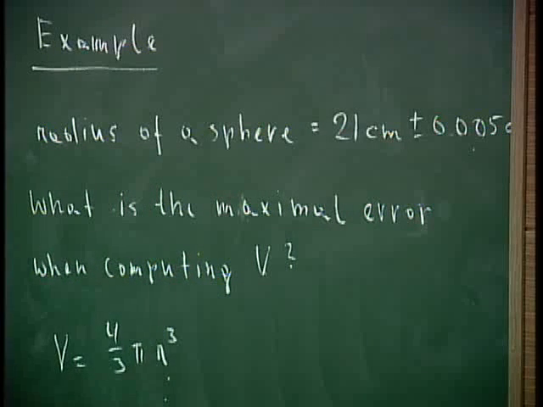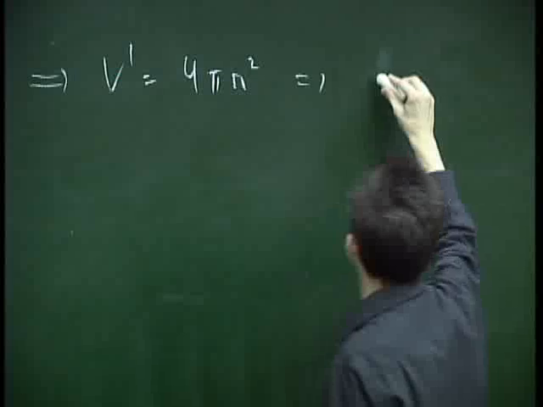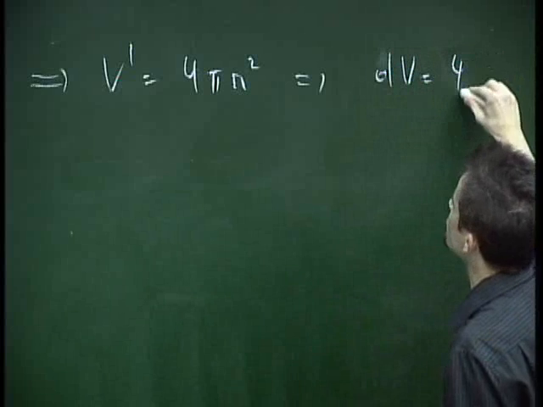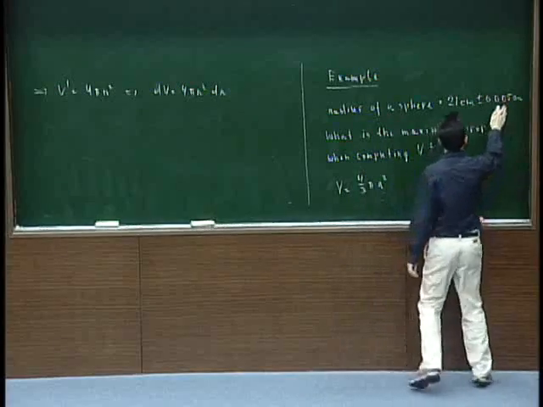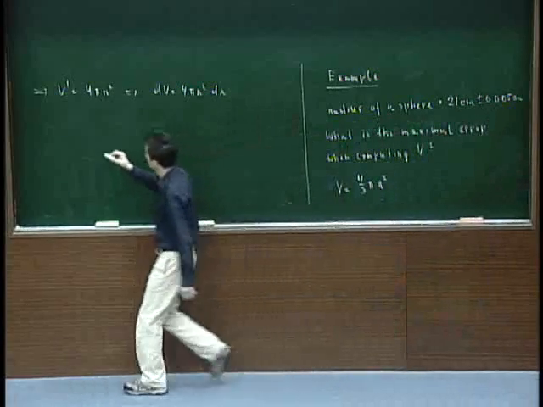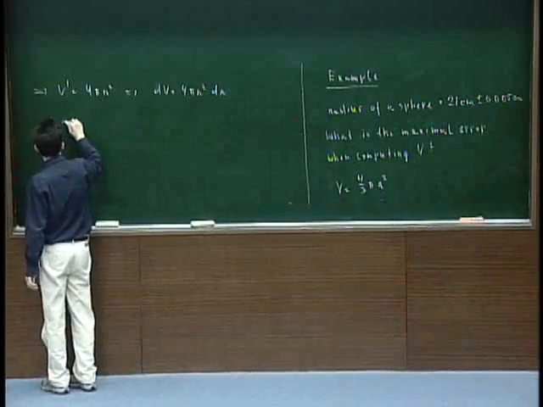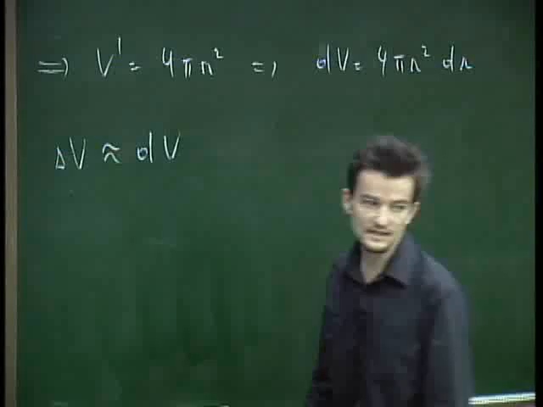You see that the derivative with respect to r is 4 times pi times r square, or in our notation, dv is equal to 4 times pi times r square dr. Now our dr here is roughly this here, so our error you can approximate by dv.